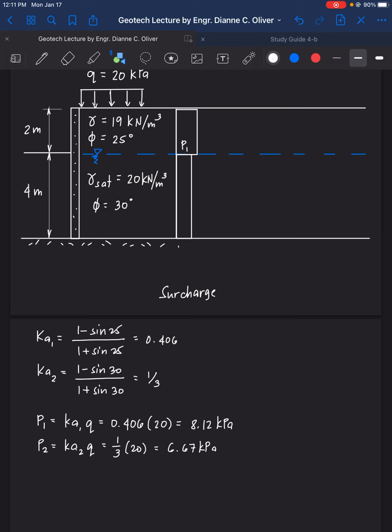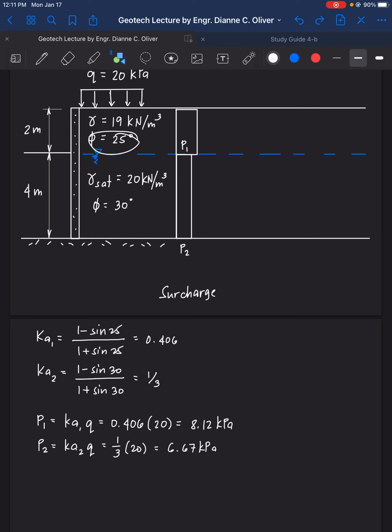Now this is our P sub 2. Then we have soil. For our soil, we have another special case because of the different angle of internal friction for the upper and the lower section here.